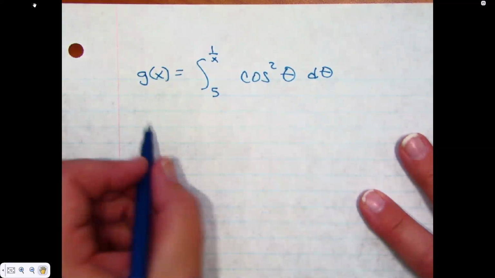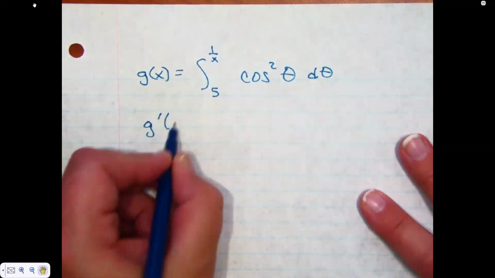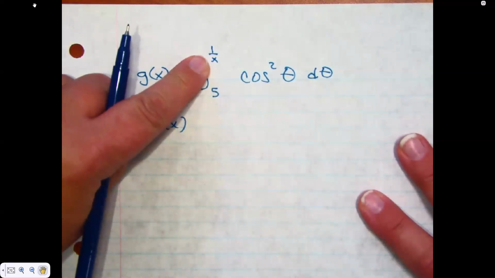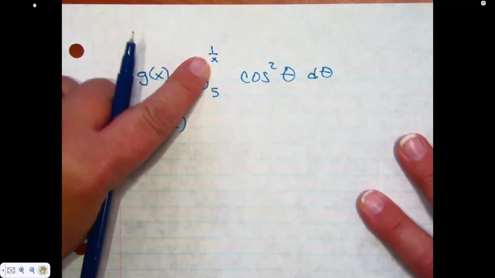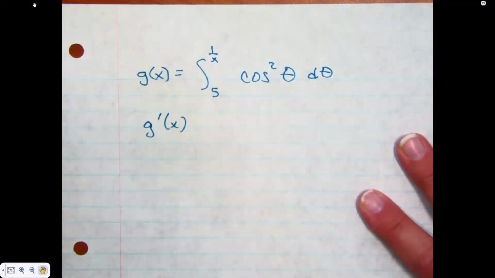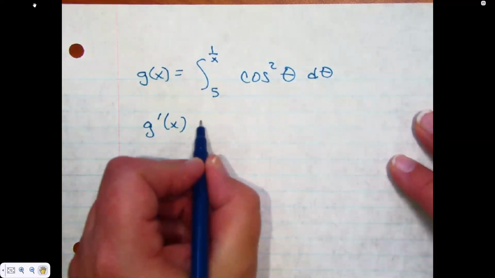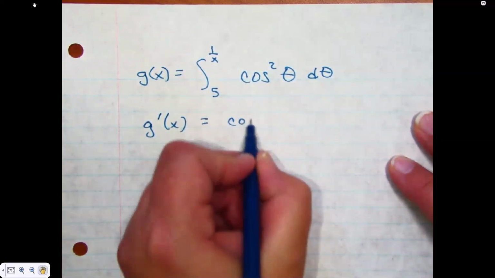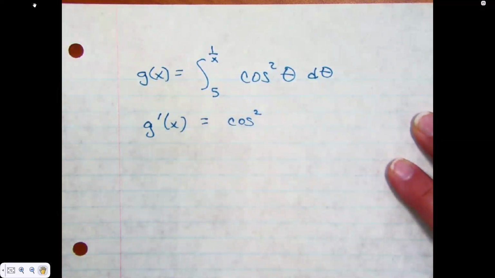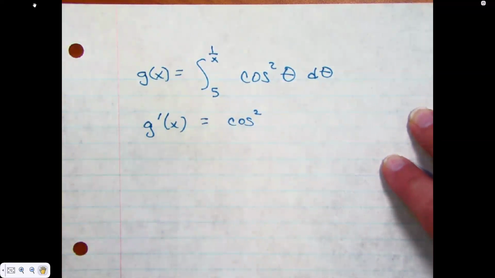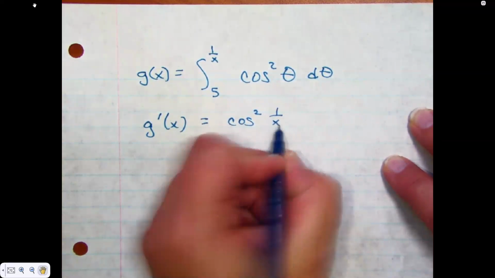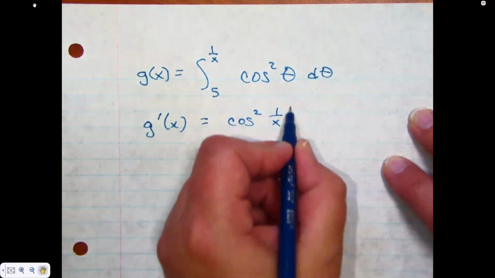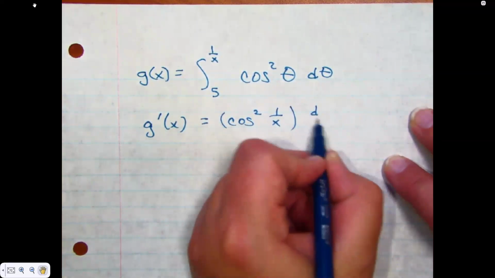So that means that the derivative is, and my x is in a good spot, it's in the top. So that's great. I'm going to subtract my constant and that whole thing will go away when I take the derivative. So it is cosine squared of what is it going to be? 1 over x. But then I just have to take it times the derivative.